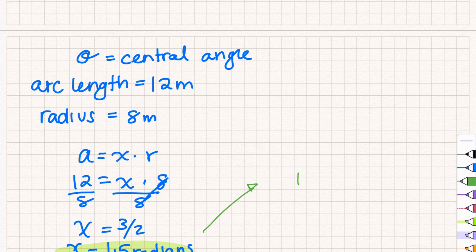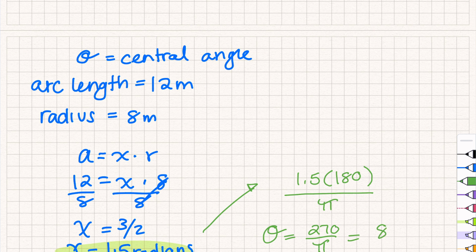So we're going to take 1.5 multiplied by 180, divided by pi, and we'll get theta. So theta is going to be 270 over pi, which is 85.99 degrees, or 86 degrees.